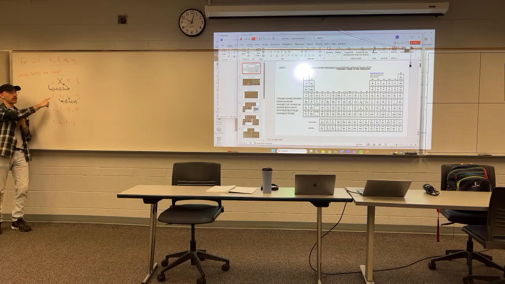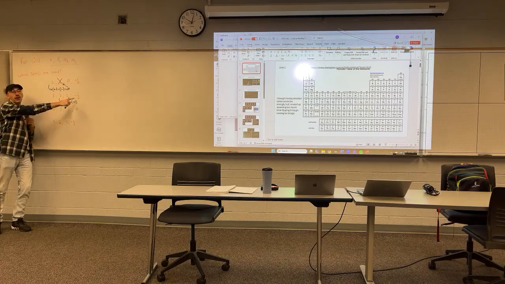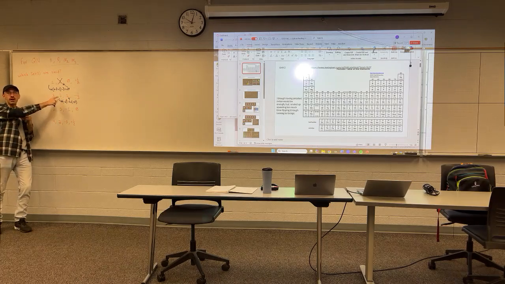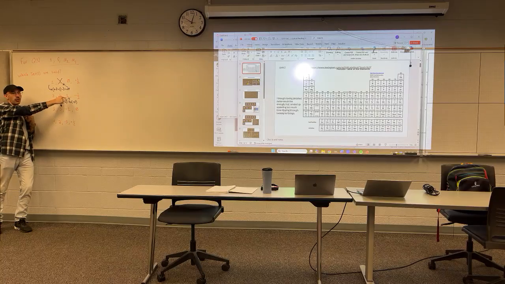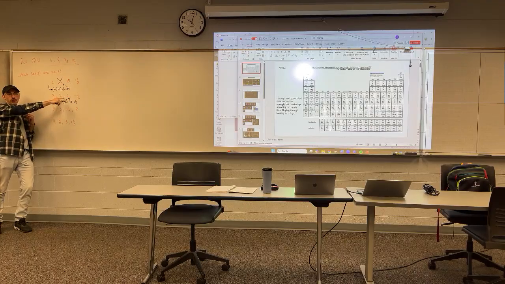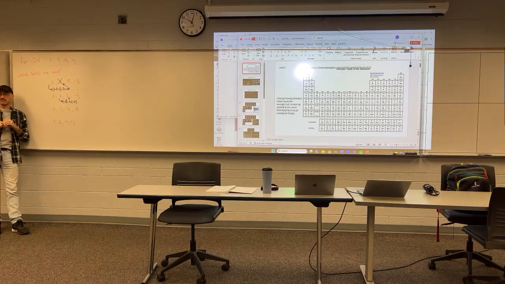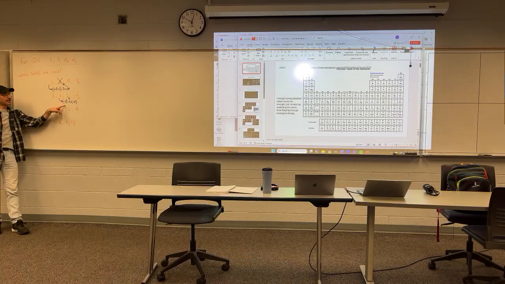It could have also been 3, 0, 0, -1/2, or 3, 1, -1, 0, +1. It could have been 3, 2, -2, -1, 0, +1, +2. Because the constraint on m sub L, like Ryan said, is from -L to +L, and 1 falls between -2 and +2. Okay, so this set is valid.